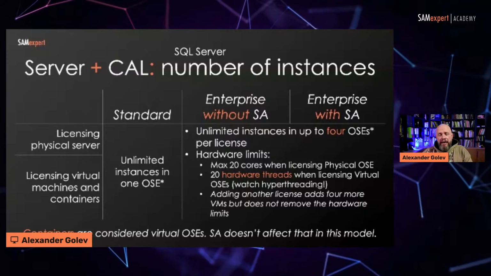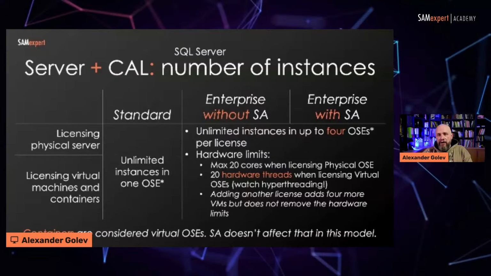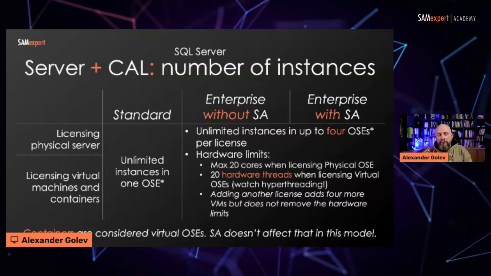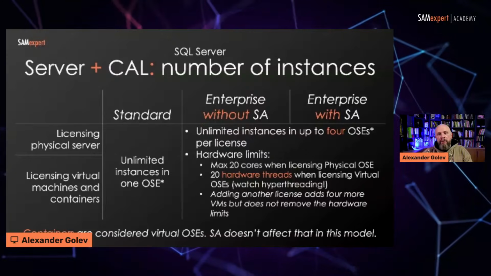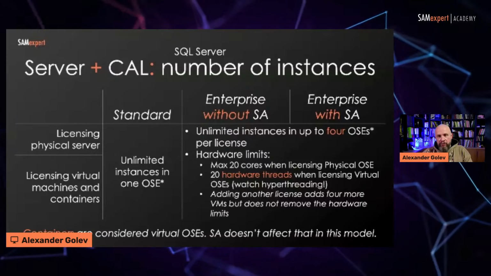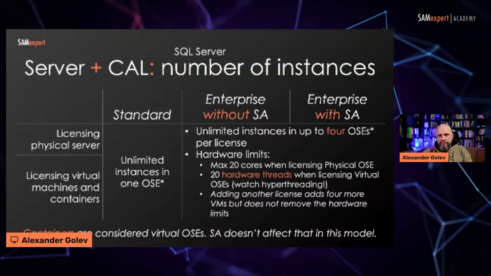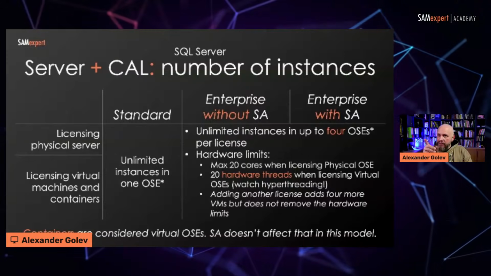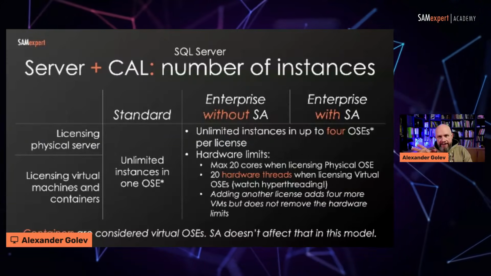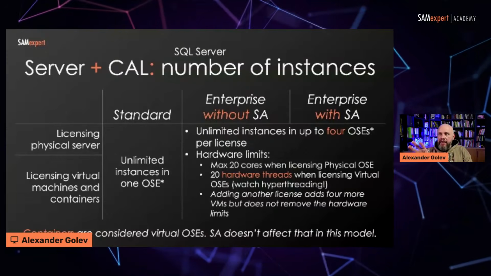Especially important is whether you use hyper-threading or not, because you are actually limited by 20 hardware threads. If you enable hyper-threading, you may not use a server that has more than 10 physical cores in total. It's as bad as that. So I don't see anyone these days deploying it in this way, and we won't waste too much time on this slide.